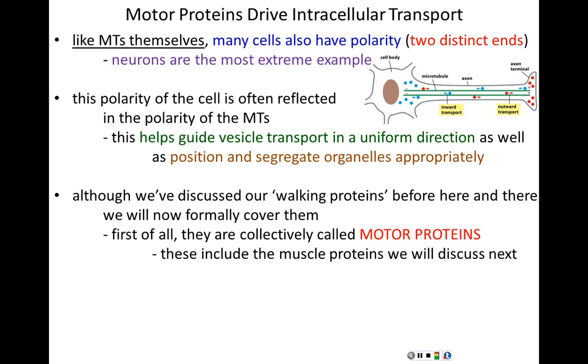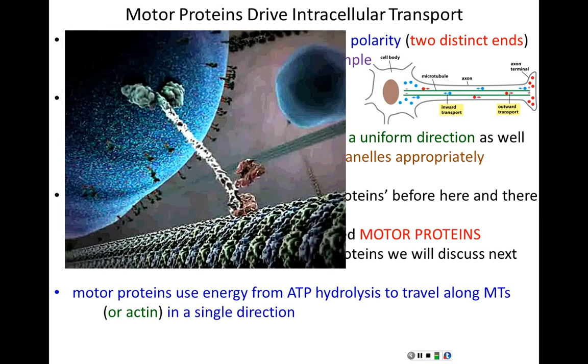The motor proteins include myosin, the muscle proteins, which we'll discuss in our next lecture, probably the most amazing of all the motor proteins, but also they include the walking proteins of the microtubules. The motor proteins all use energy from ATP hydrolysis in order to walk. In the case of microtubules, these proteins use ATP hydrolysis to travel along those microtubules in a single predefined direction.